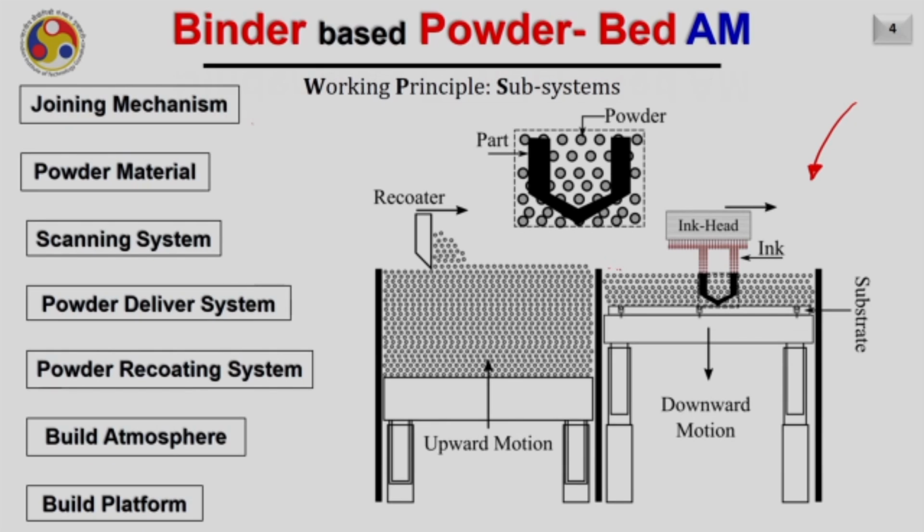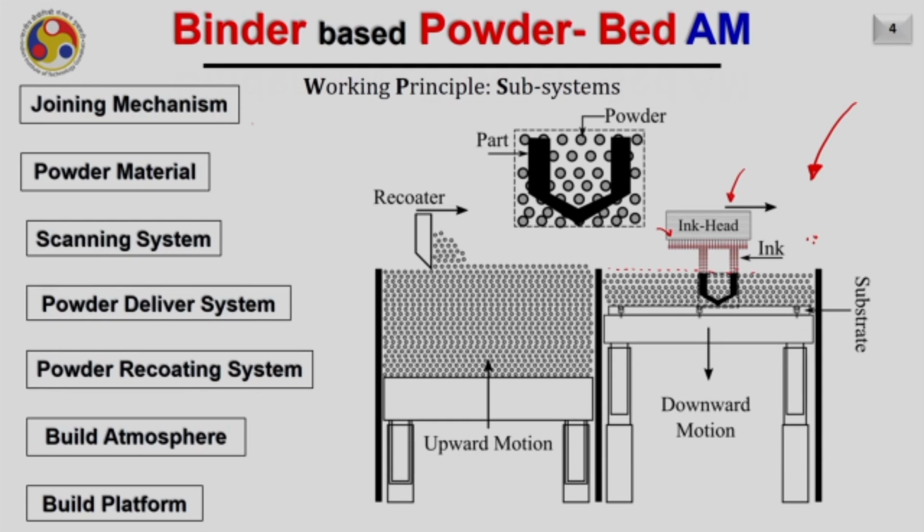A layer of powder is spread here, and then from an ink head the appropriate ink falls onto the powder bed, and wherever that ink falls it migrates into the powder bed up to a certain height, and then those powder particles get bound together due to this ink. These tiny nozzles in the ink head can appropriately deposit the material. So this is the typical joining mechanism used in binder based powder bed additive manufacturing.